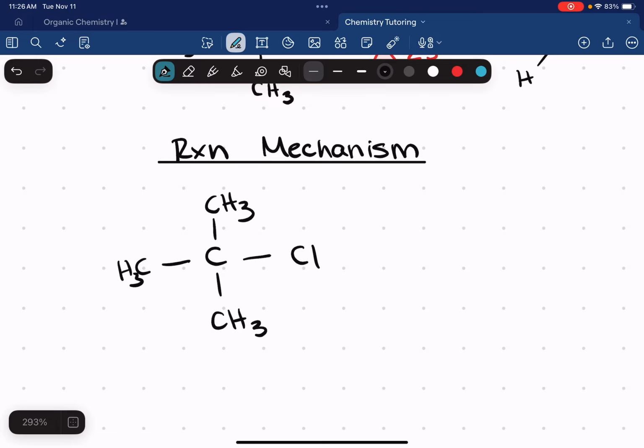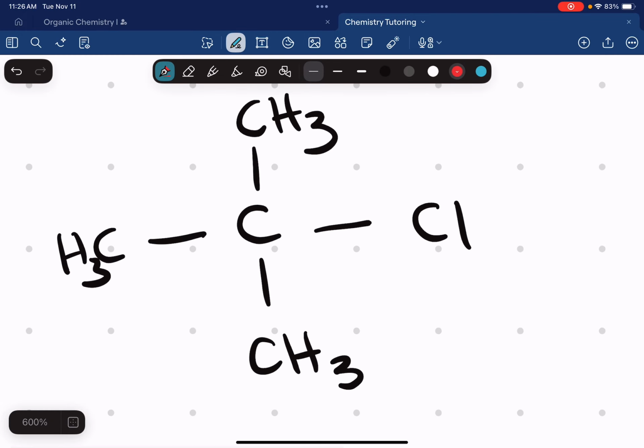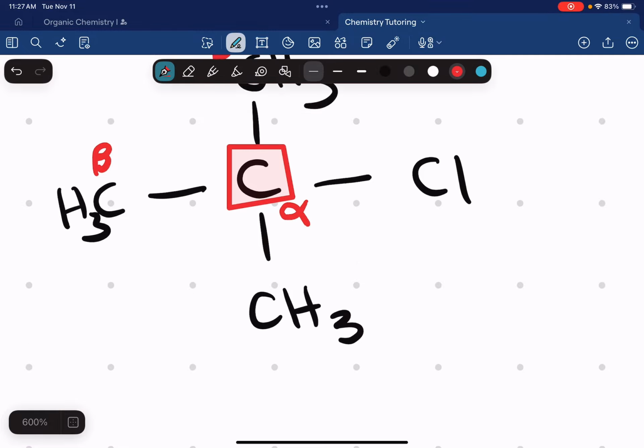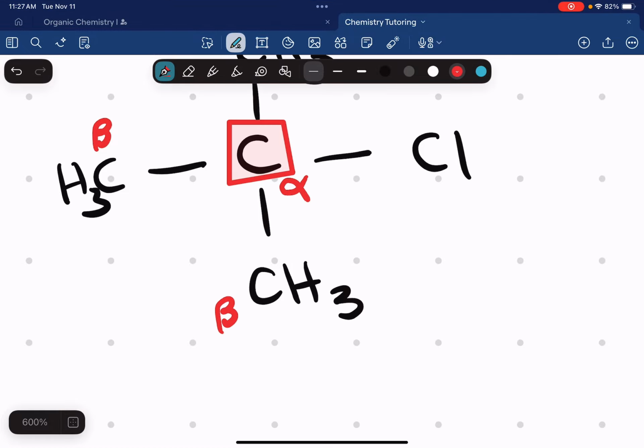So when we're labeling these compounds, the alpha carbon is going to be the carbon that the substituents are attached to, right? And then beta carbons are going to be the ones that can be reacted to. So this is a beta carbon, this is a beta carbon, and this one's a beta carbon, right?